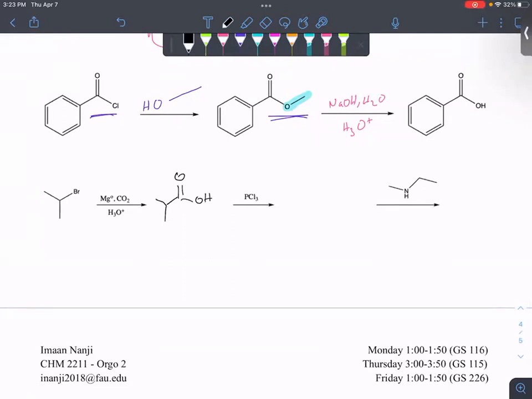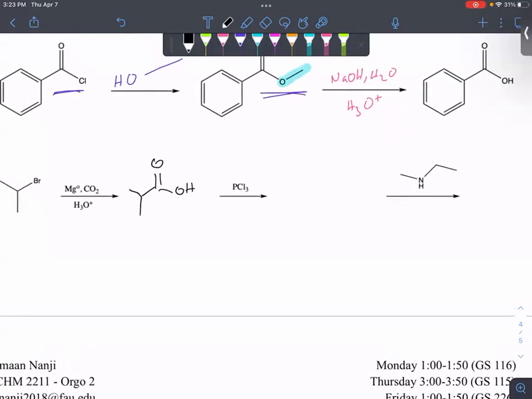To a ketone? No. It's an acyl. So PCl5, it goes to an acyl chloride.